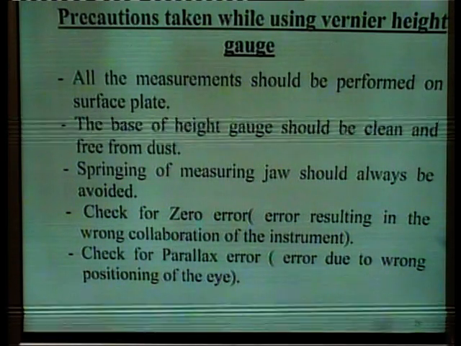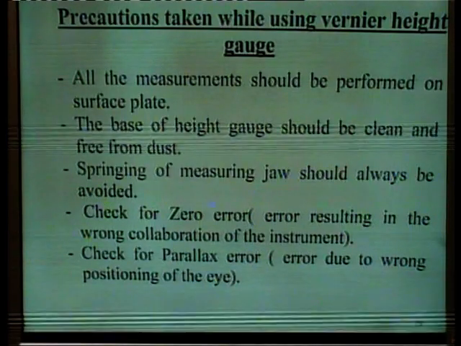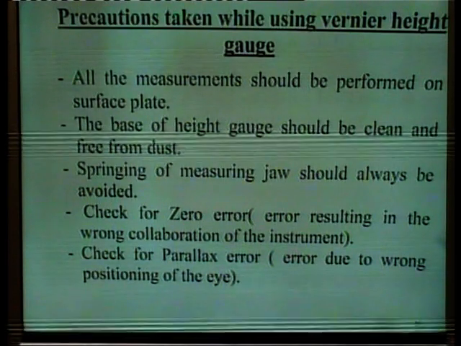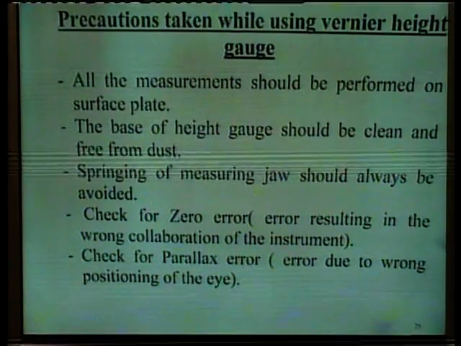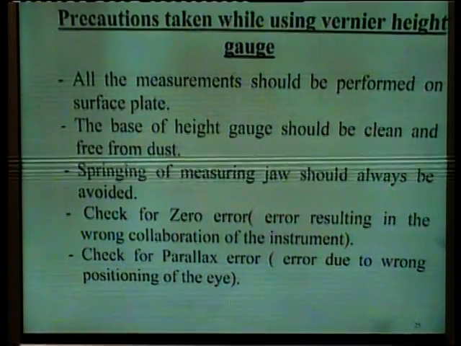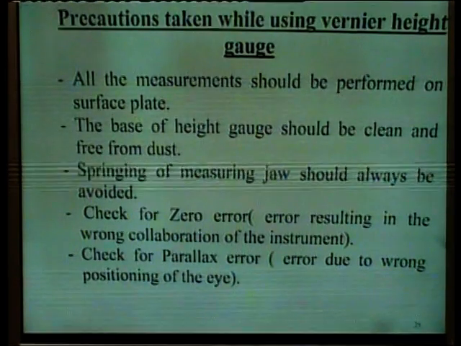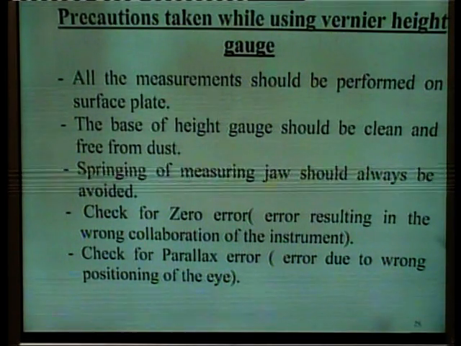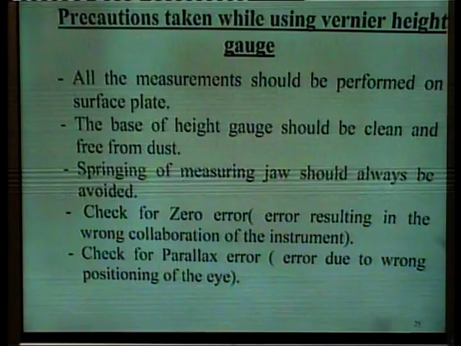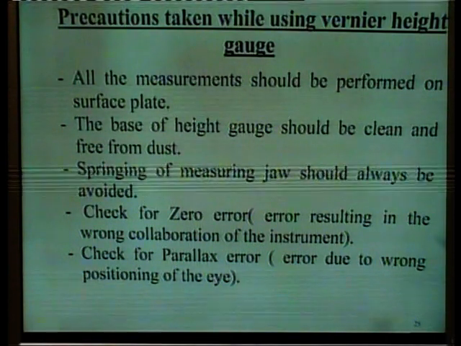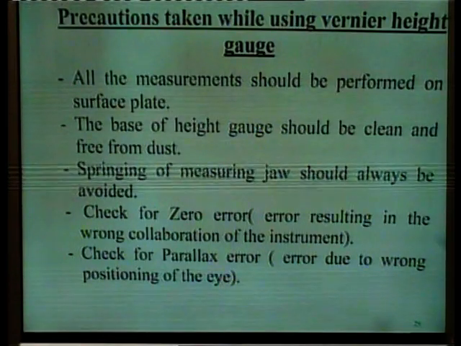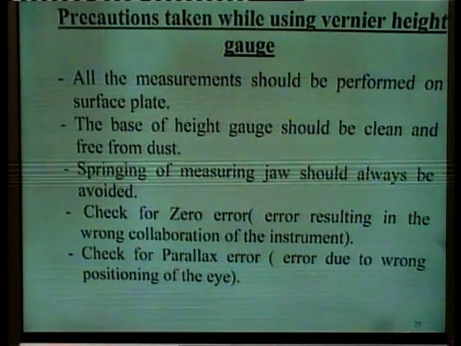Precautions taken while using Vernier height gauges. There are some precautions which are to be taken before using the Vernier height gauge. All the measurements should be performed on a surface plate. The base of the height gauge should be clean and free from dust.